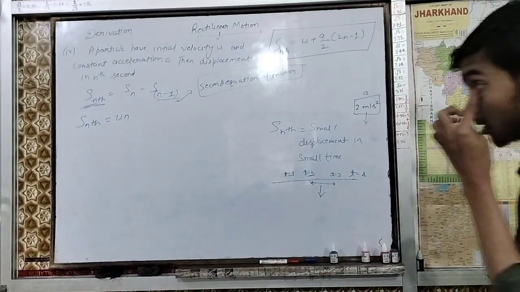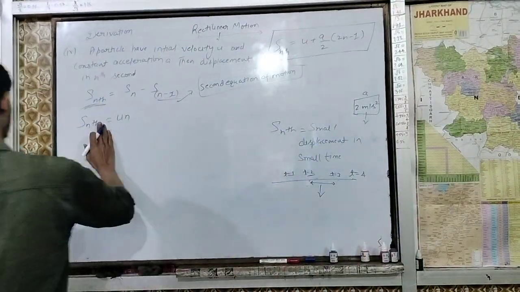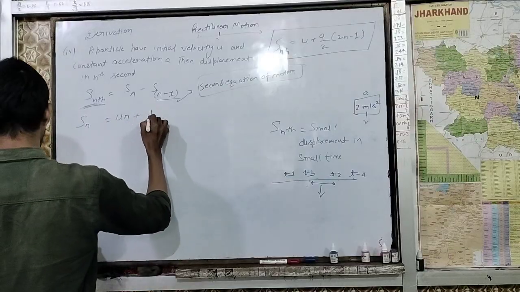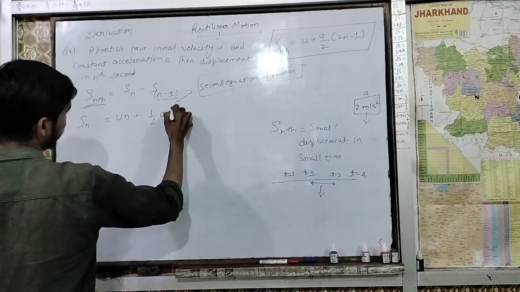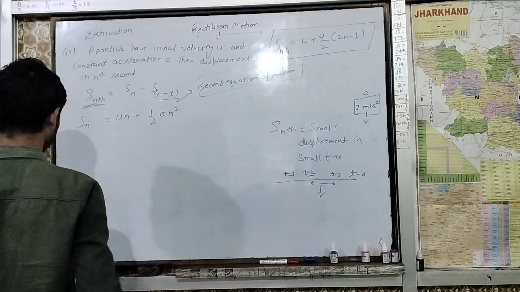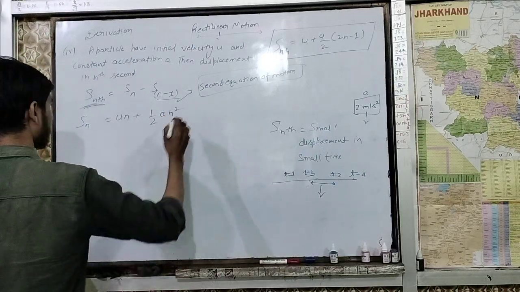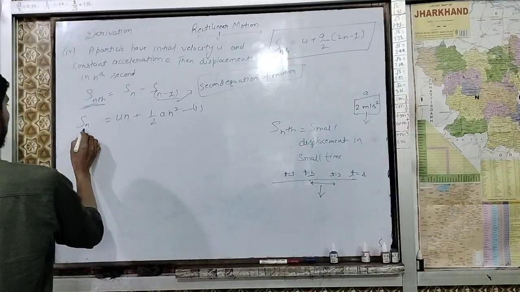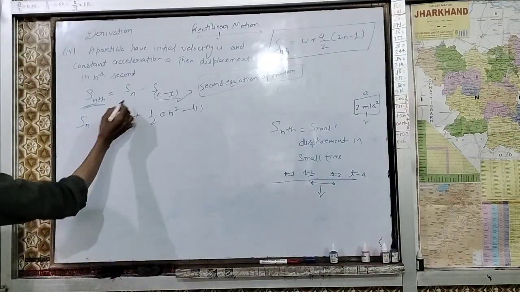Just put n. So S is equal to ut plus half a, in the place of t, just put n, so n square. This is our equation number 1. Clear? Equation number 1, this was for Sn.